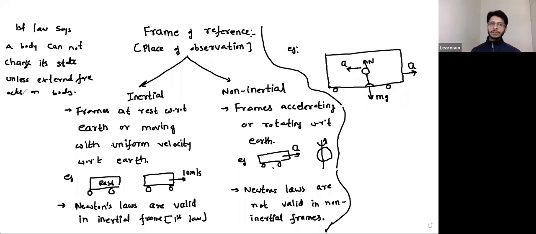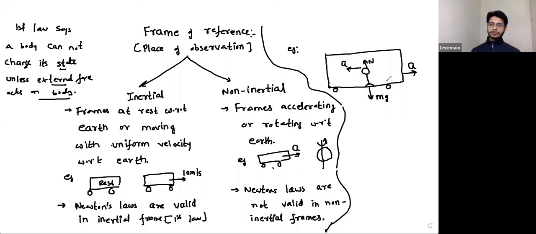Newton's first law says a body cannot change its state unless an external force acts on the body. This first law works very well for the inertial frame. But as soon as you come to a non-inertial frame, Newton's first law is not valid. This example will make it clear.